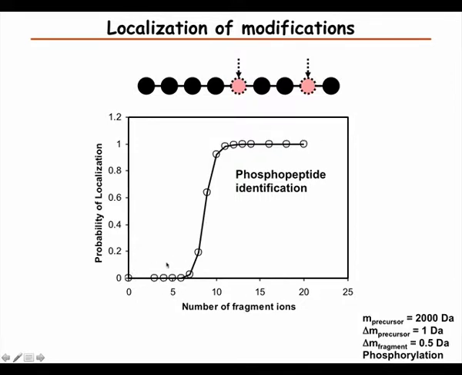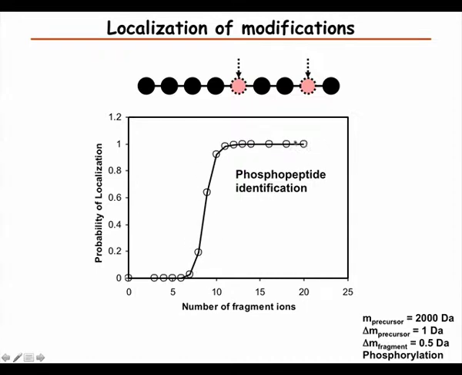If we have few fragments, we never succeed with identification. And if we have many, we always succeed. So there's a transition from 0, where we never succeed, to 1. And in this transition, we sometimes succeed with identifying.